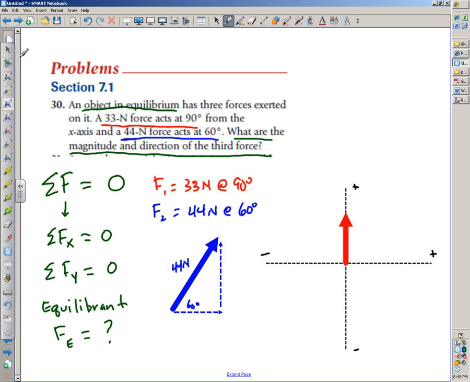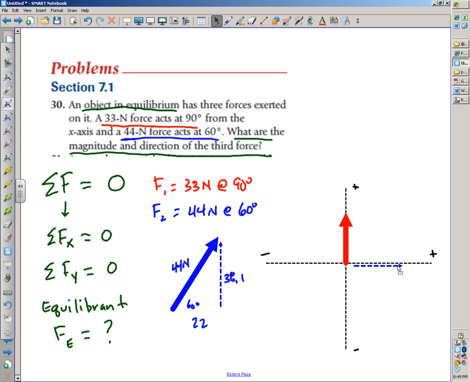So using our sine cosine identities, we get that this is 38.1, and then this is 22. Alright, so we said the next thing we did was we put all of these components together.